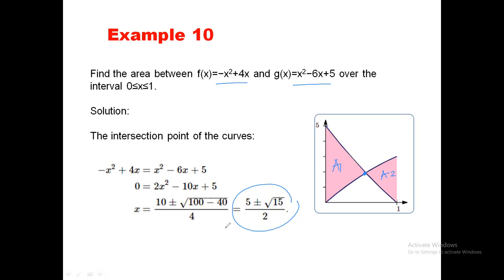You will have two answers here: 0.564, and you have another one, which is if you add 5 plus square root of 15 divided by 2, that would be 4.4365.